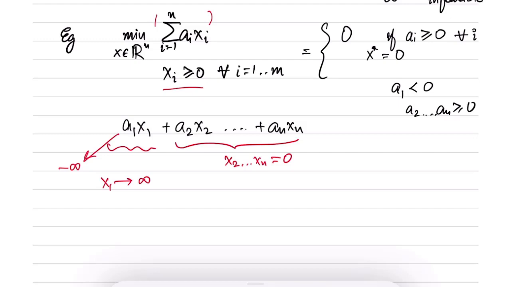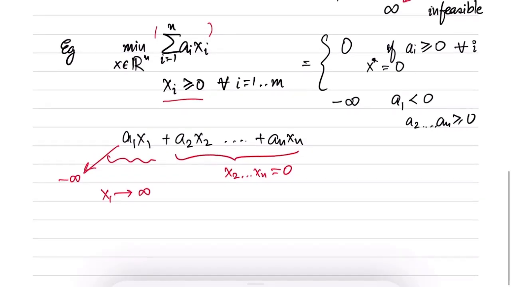And in fact, as per our definition, this is an unbounded below problem, because the objective function is unbounded below whenever a1 is less than 0. So for a1 less than 0, the minimum of the objective function is defined as minus infinity.